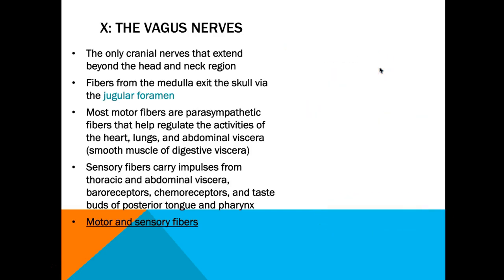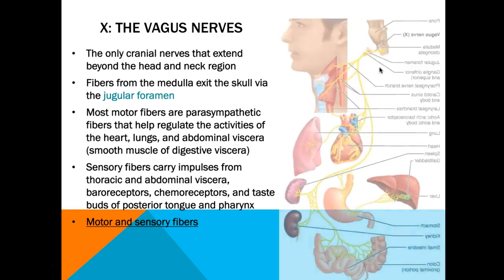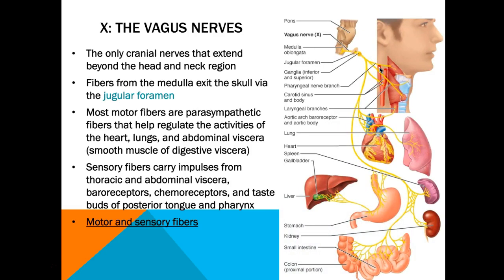The motor fibers within the vagus nerve are mostly parasympathetic and will help regulate activities of our heart, our lungs, abdominal organs, specifically the smooth muscle in that area. And we also do have sensory nerve fibers here too. We're going to carry impulses from our thoracic and abdominal viscera, also the baroreceptors, chemoreceptors, and taste buds on the posterior tongue and pharynx.